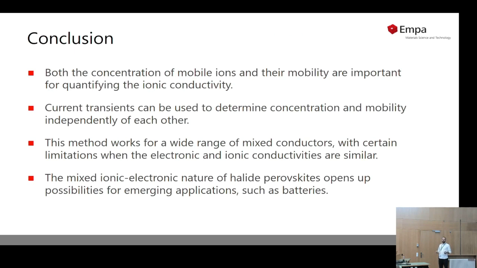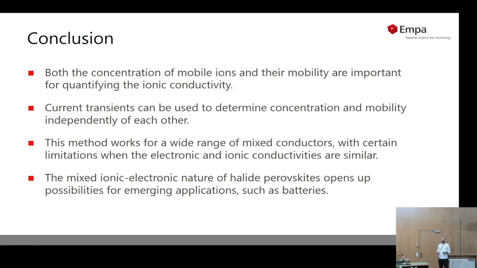So with this, I'm in conclusion. I could talk a lot more about batteries, but I tried to keep it limited here. I showed you that when looking at ion dynamics, it's important to look at both how the mobility and the concentration change, to get more fundamental insights on how these processes are dominated. Current transients can be used to determine both concentration and mobility.